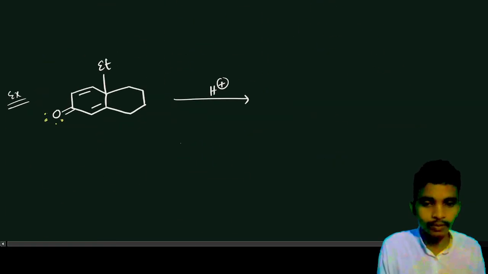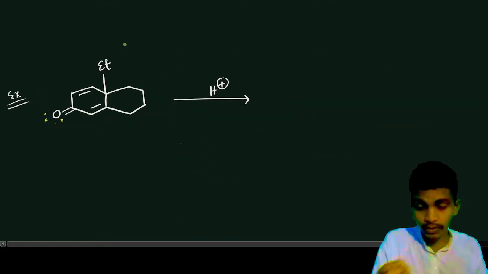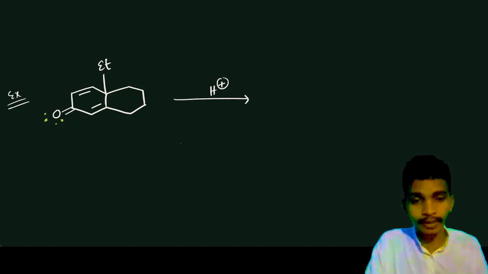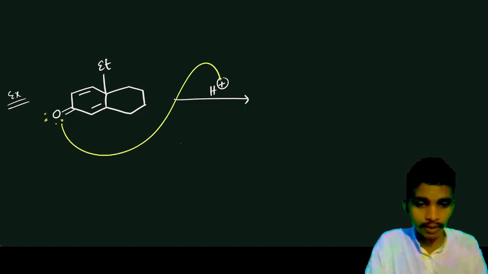Next, moving to the next question. Whenever at this junction we have an ethyl, the same thing will happen, it will attack to here, because first our work is to look at whether both double bonds are in conjugation or not. Only then dienol phenyl rearrangement will happen, and the medium should be acidic.